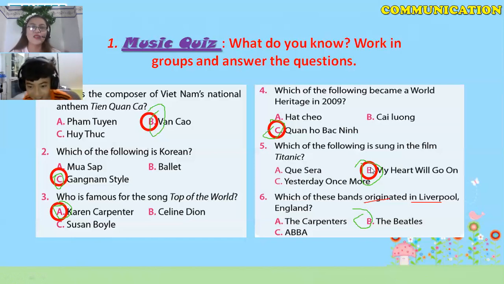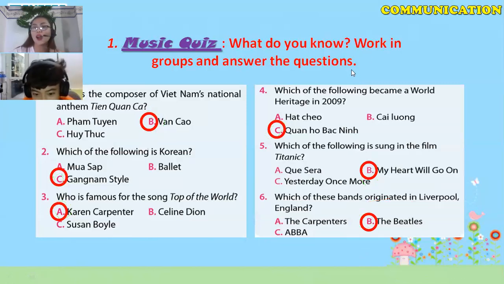Okay. Number 6. Which of these bands originated in Liverpool, England? So that is very good. The Beatles. Well, the Beatles is one of my favorite bands. Okay, very good. So you got it all correct. What about the Beatles? Are you familiar with them? No. I am wondering how did you get the answers correct?